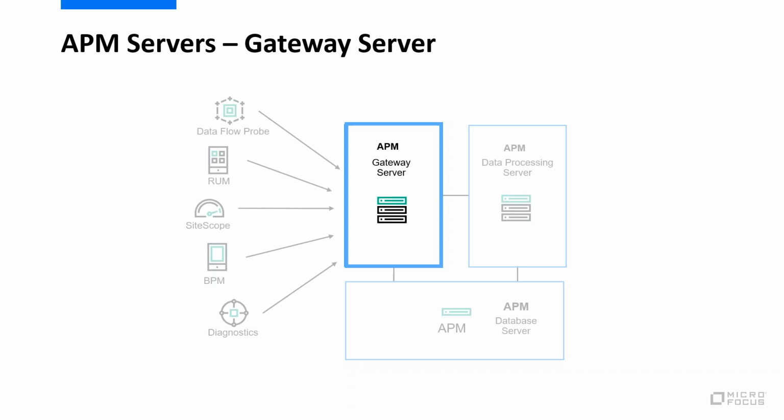We include UCMDB in APM to have CI structures, to create multiple views, and to have multiple relationships based on the user's requirement. But that was a minimal UCMDB. It's not the complete UCMDB shipped with APM.